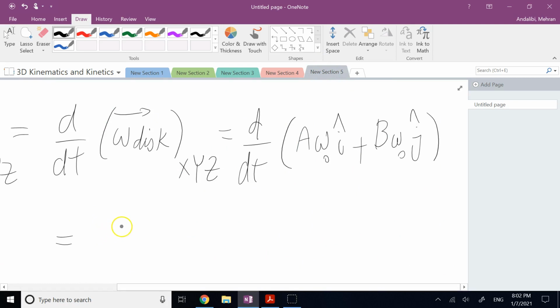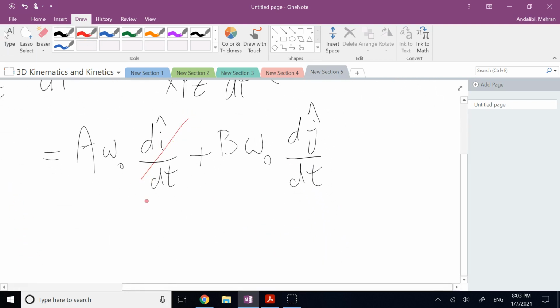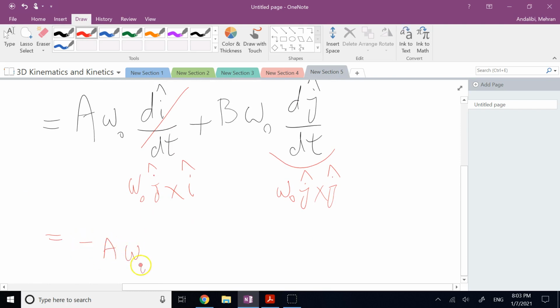So it is going to be A omega naught di/dt plus B omega naught dj/dt, where di/dt is omega naught j cross i, and dj/dt is omega naught j cross j, which is 0. And j cross i is negative k, so at the end you will get negative A omega naught squared in the k direction.